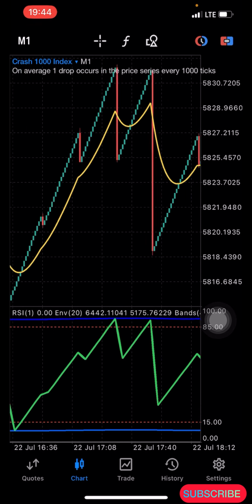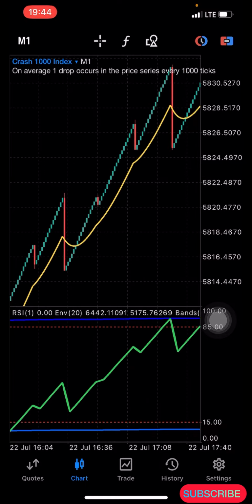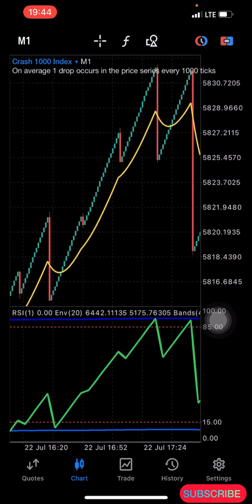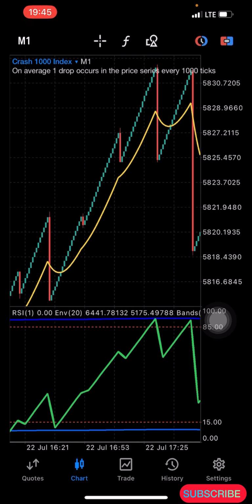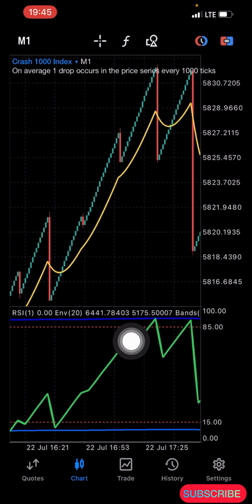Now on the 1 minute time frame, this is what you have to observe before you take an entry. Let's say you have analyzed from the 15-minute time frame, then you came down to the 1 minute time frame. Now you are going to see that price will be at the overbought level too, touching this blue line. You don't go in yet. You are going to wait for a spike.